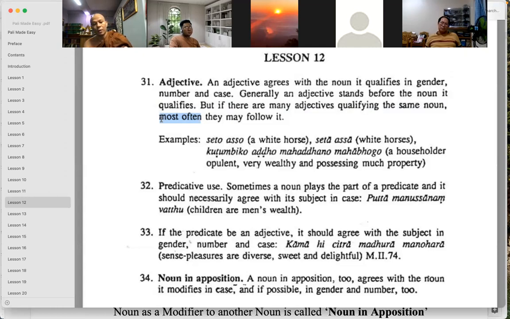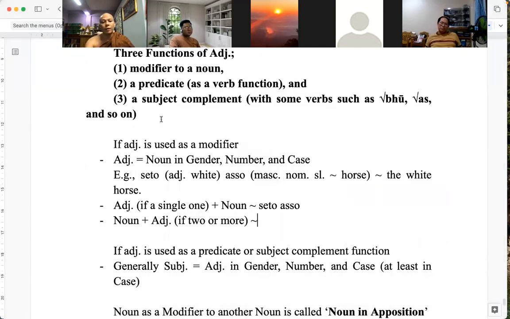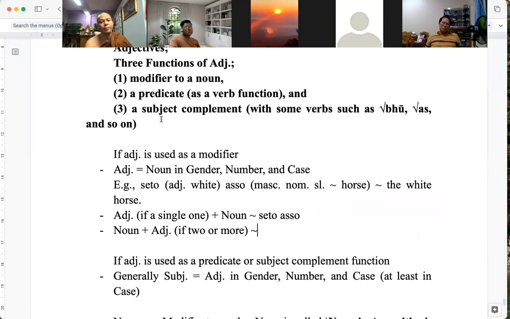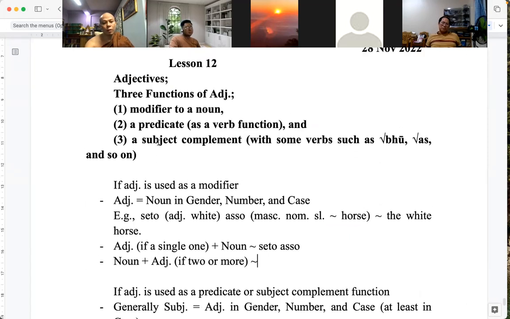Okay, so now, what is the order in Pali? Adjectives have three functions: modifier, predicate, and subject complement.